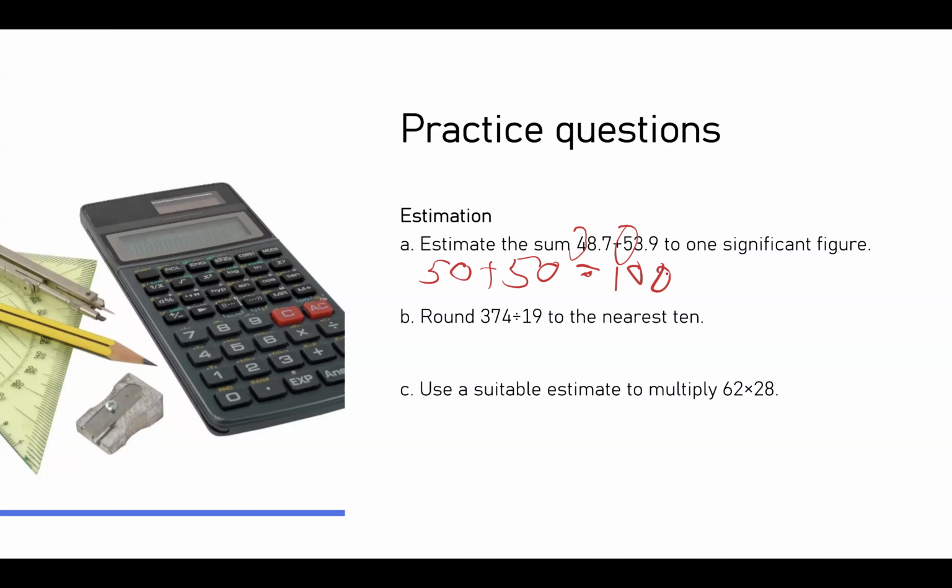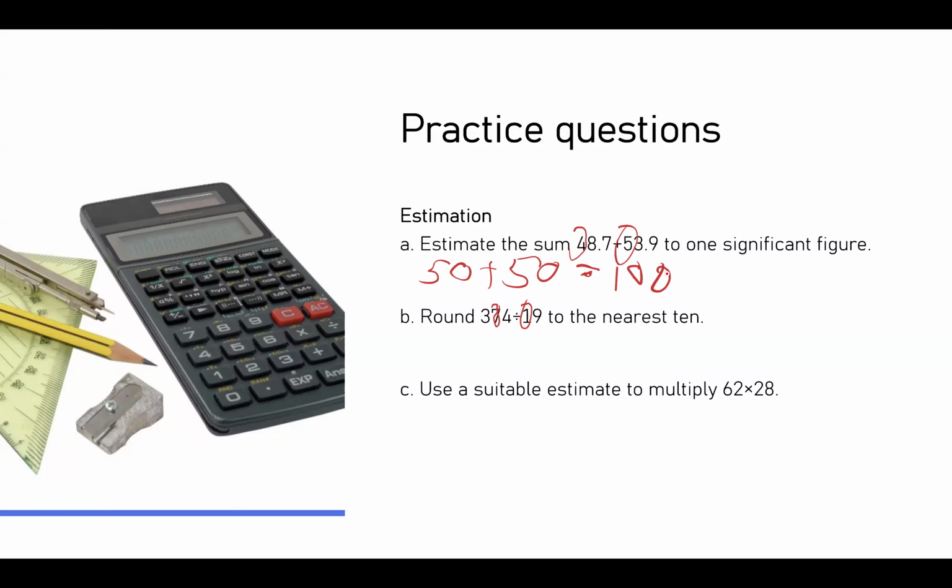Now, round 374 divided by 19 to the nearest 10. So the nearest 10, that's the 10, so we look at the next number.